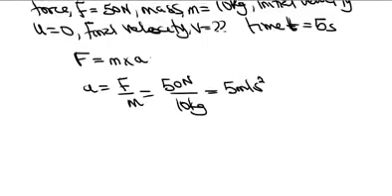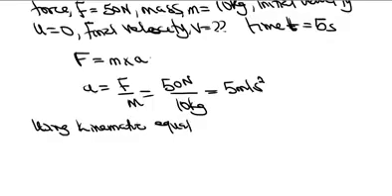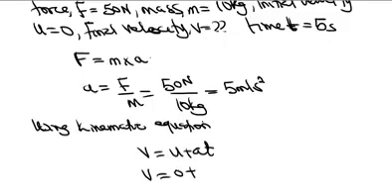Then we can now use this in the equation of motion, that means using the kinematic equation. And when you use the kinematic equation, what do you have? V equals U plus AT. Now V equals 0 plus A, which is 5, and T, which is also 5.